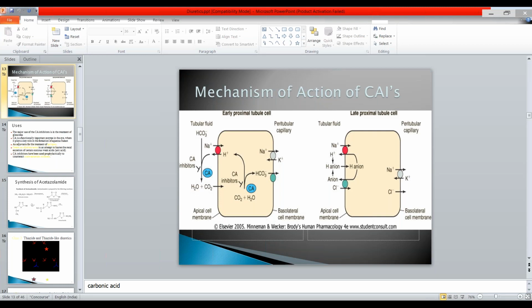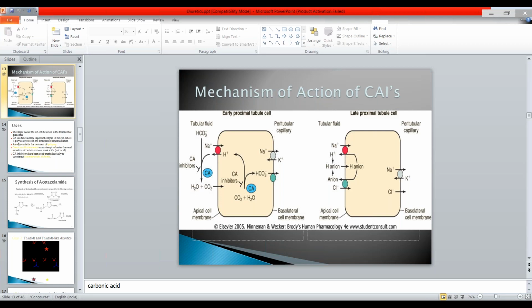So the body will now try to compensate as to how to get back all the sodium that you have failed to reabsorb from site 1. And in the process of reabsorbing sodium, the pressure will mainly come on the next 3 sites, especially site 2 and site 4.